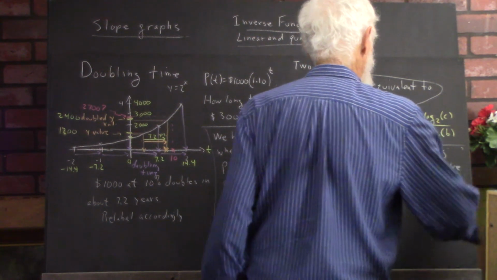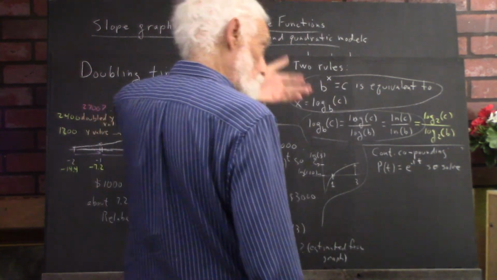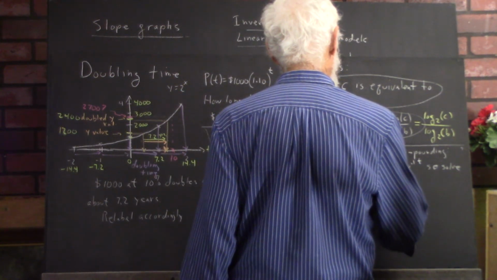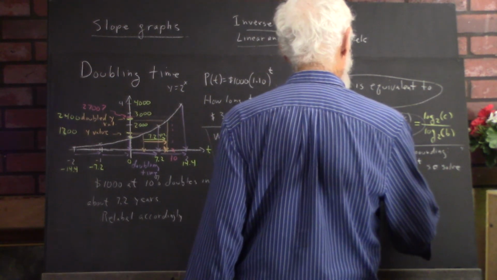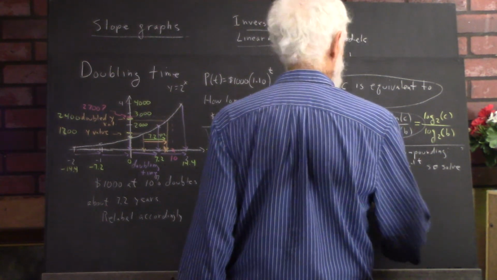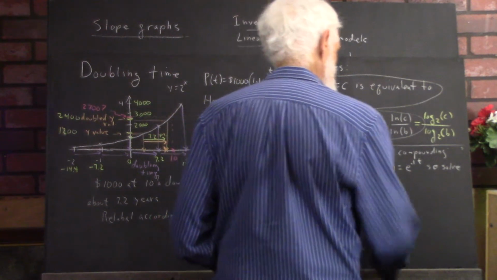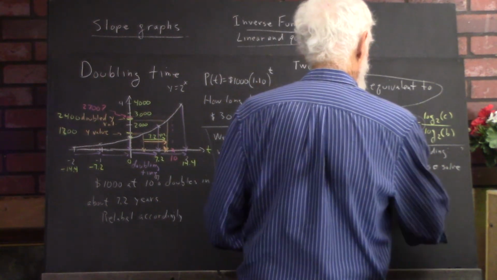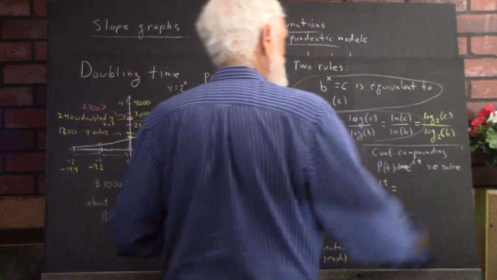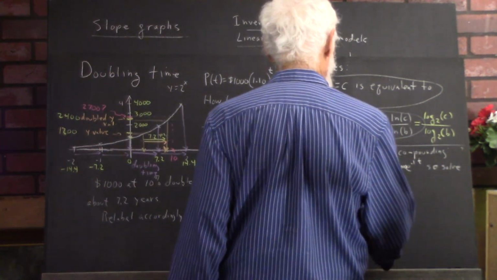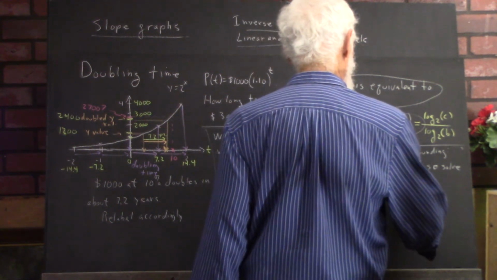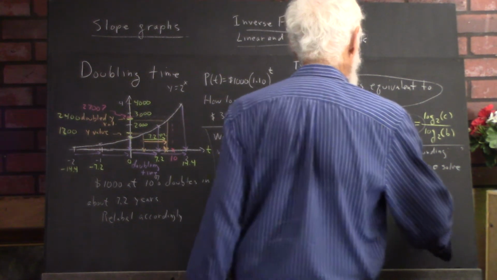So, without writing out all the details of the reasoning, because I don't have room, we're going to solve $1,000 times e to the 0.1 t equals $3,000.